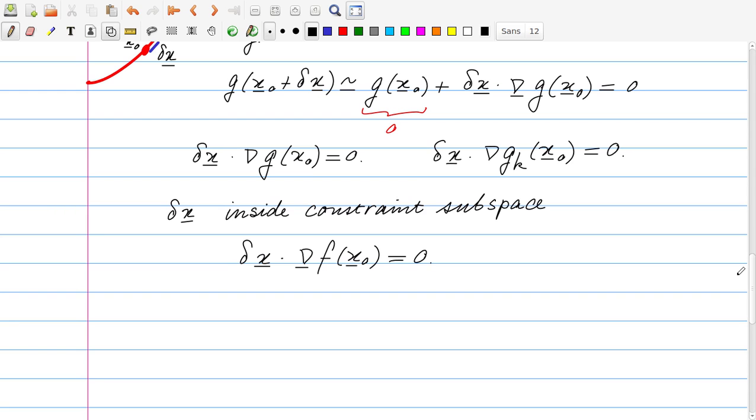So what this says is that if we take any vector satisfying all these conditions, then it should also satisfy those conditions. And that can only be the case if the gradient of f taken at x0 is inside the span, a linear combination of the vectors gradient g_k of x0.